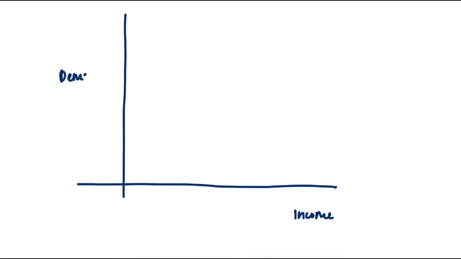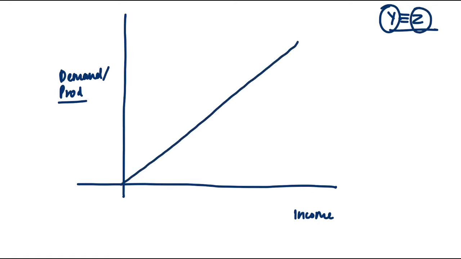So, this is how you plot stuff in the goods market. You have income on the x-axis, you have demand or the production on the y-axis. And we know that there's this equality between total production or total income and total demand, which is represented by this 45-degree line from the origin.